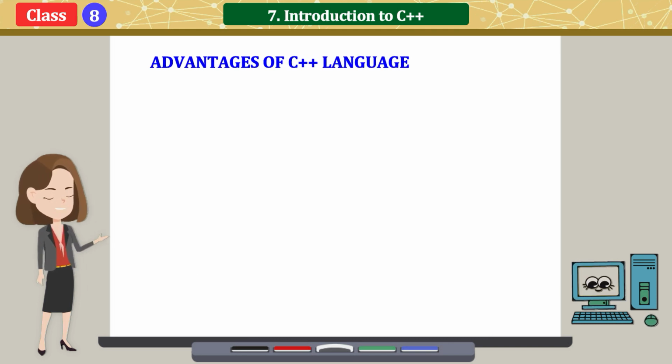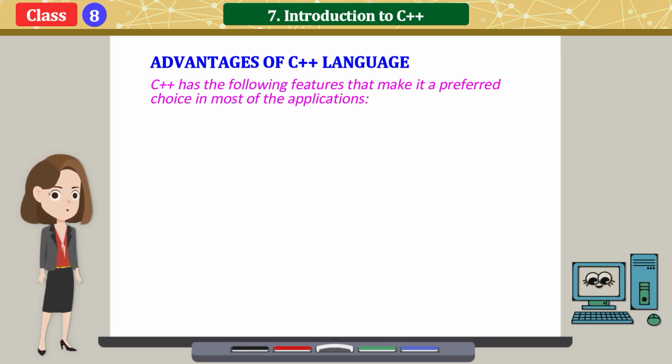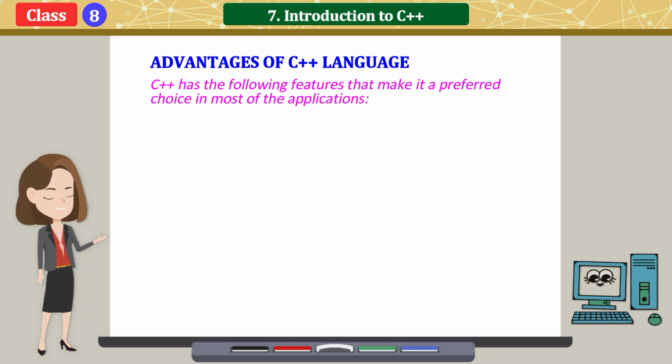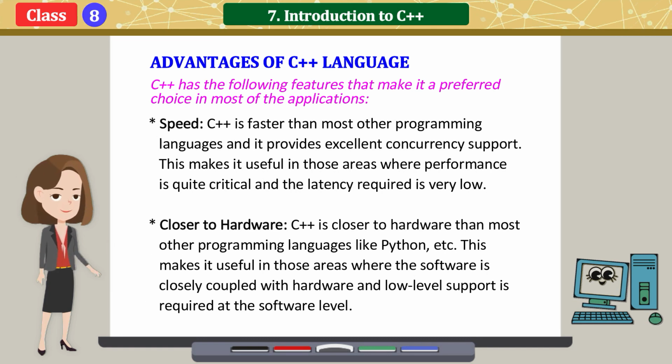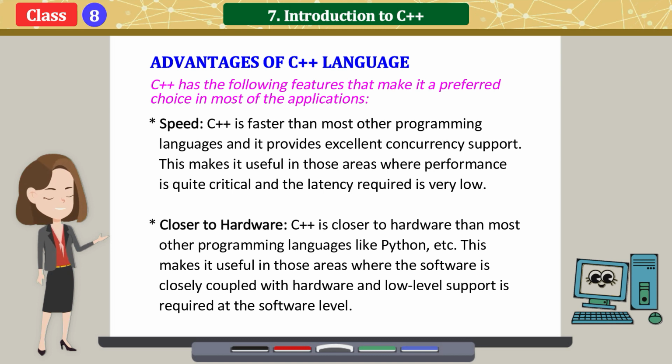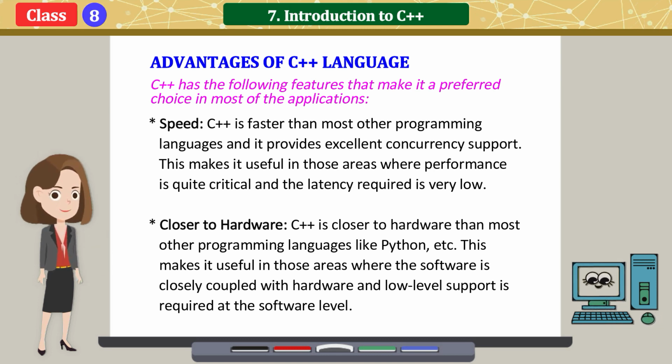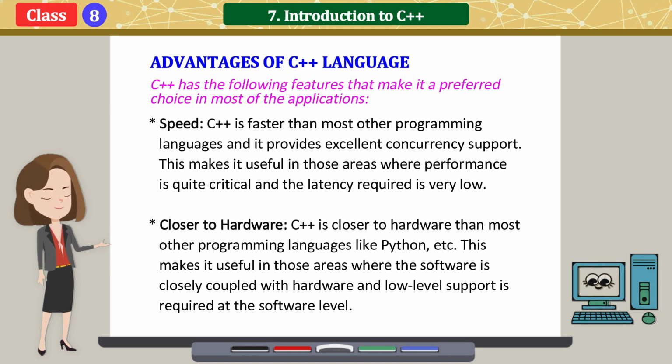Advantages of C++ language. C++ has the following features that make it a preferred choice in most of the applications. Speed. C++ is faster than most other programming languages, and it provides excellent concurrency support. This makes it useful in those areas where performance is quite critical and the latency required is very low.